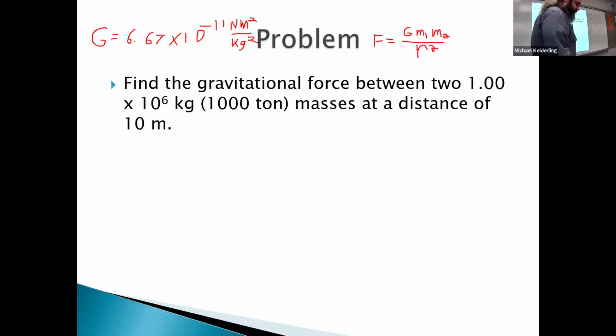So the trick is that it helps to write it in scientific notation, but you do something like 6.67 E for the times 10 to the minus 11 times 1 times 10 to the 6 times 1 times 10 to the 6 divided by 10 squared.